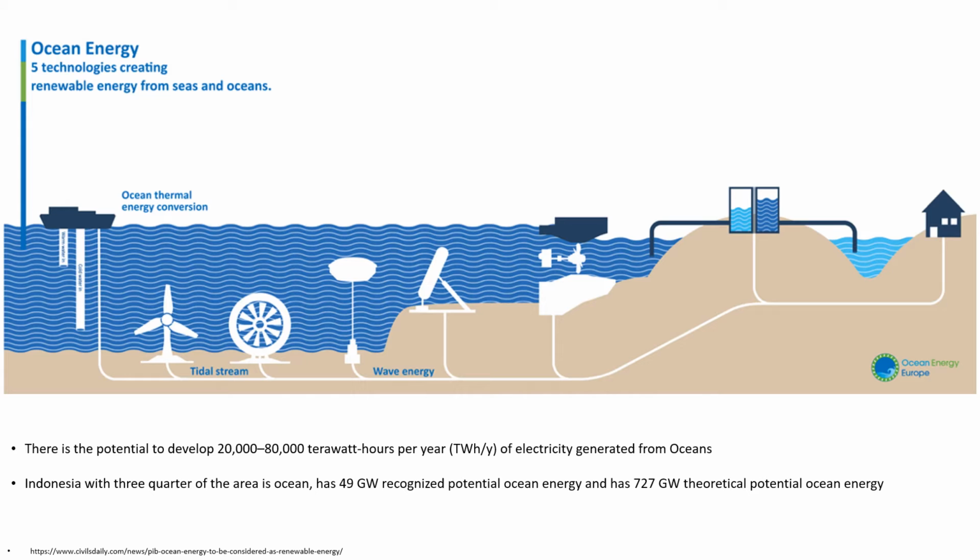Indonesia, an archipelagic country with three-quarters of its area being shoreline and in direct contact with the ocean, has 49 gigawatts of recognized potential energy and 727 gigawatts of theoretical potential ocean energy. We shall study this in detail in our upcoming lectures.